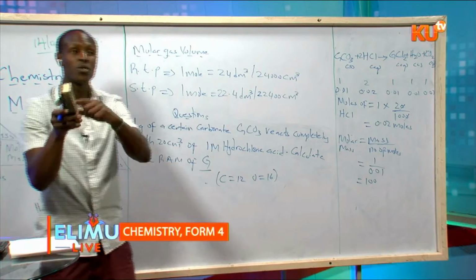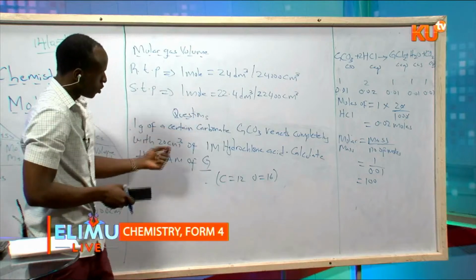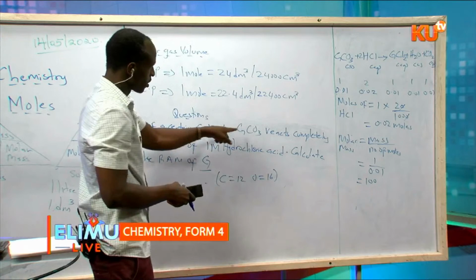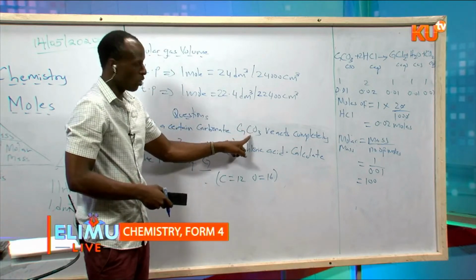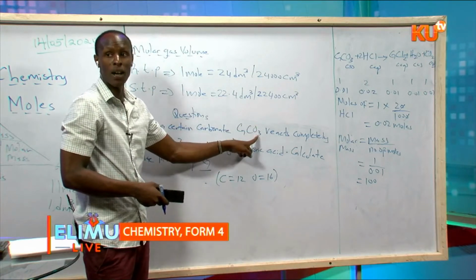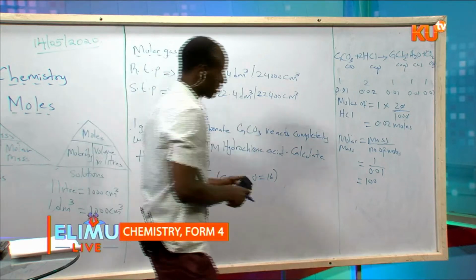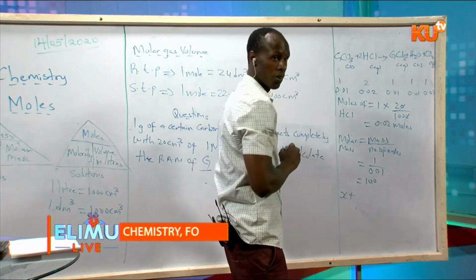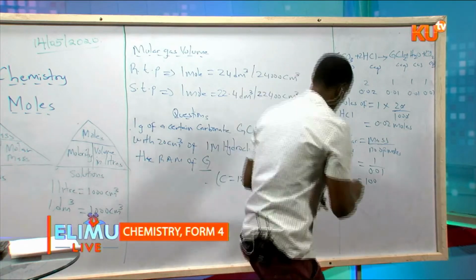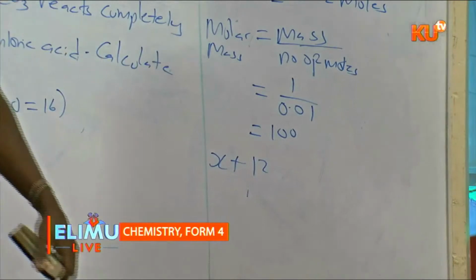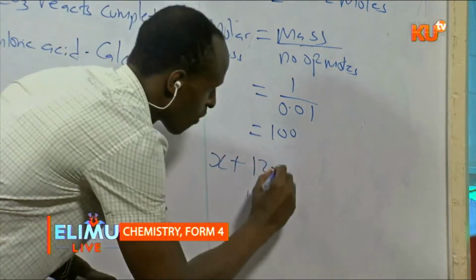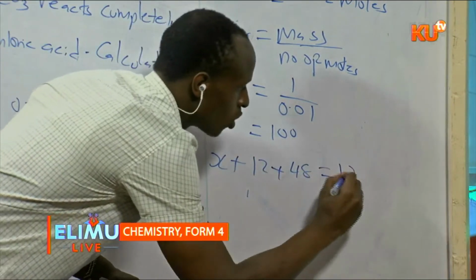100 is the molar mass of calcium carbonate, the whole of it. But you want only the calcium. So for the carbonate, it means 100 is the molar mass of the metal plus the molar mass of carbon plus the molar mass of 3 oxygen. I'll say X, because I don't know the molar mass of the metal, plus C, which is 12, the molar mass of carbon because it's only 1, plus 3 oxygen, that's 16 times 3, which is 48, should be equal to 100.